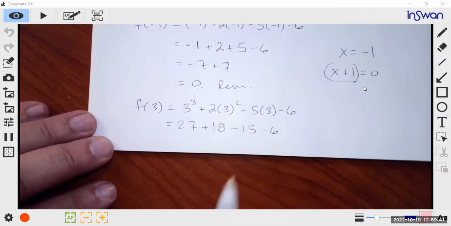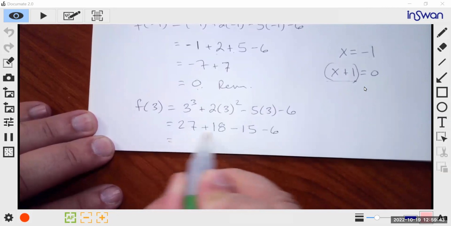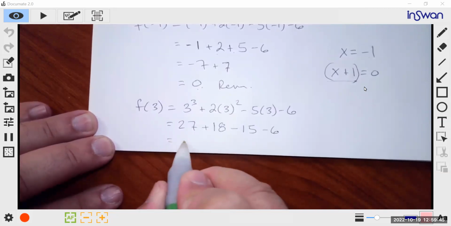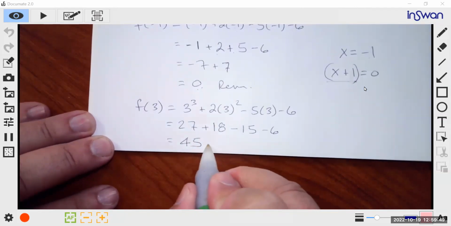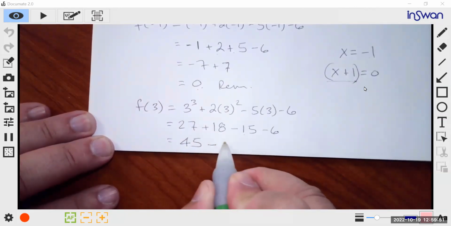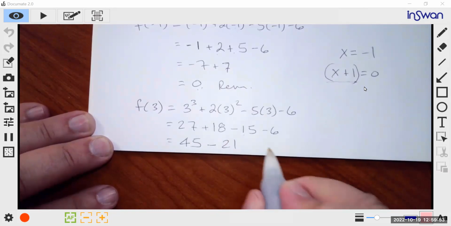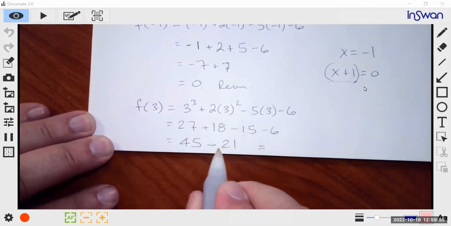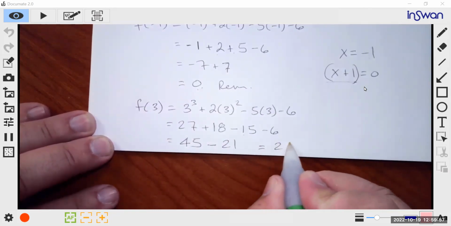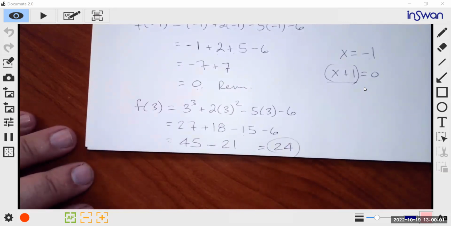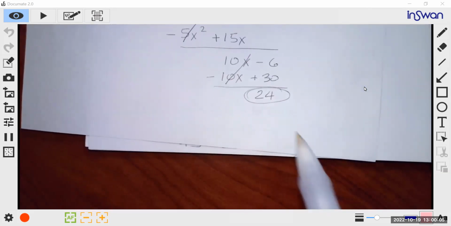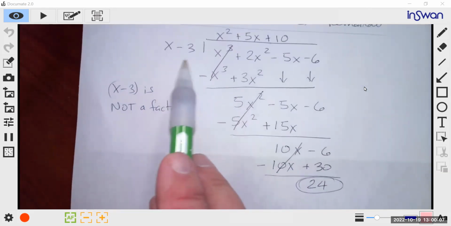Minus 6. 27 plus 18 is 45. 15 plus 6 is 21. 45 minus 21 is 24. It was our remainder when x minus 3 was used.